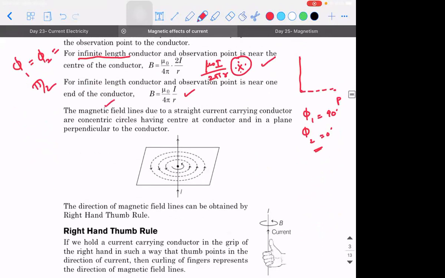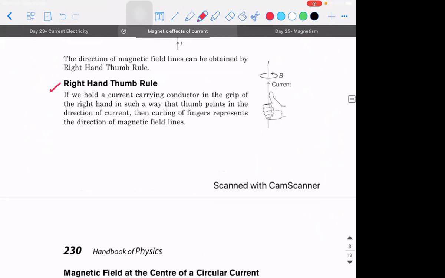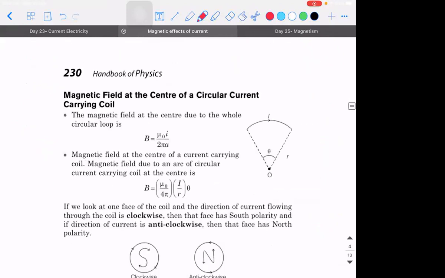If you try to draw the magnetic field around the straight current carrying conductor, they will be concentric circles. The right hand thumb rule concept we already discussed. Similarly, when you try to calculate the magnetic field at the center of a circular current carrying conductor, how do you find it?